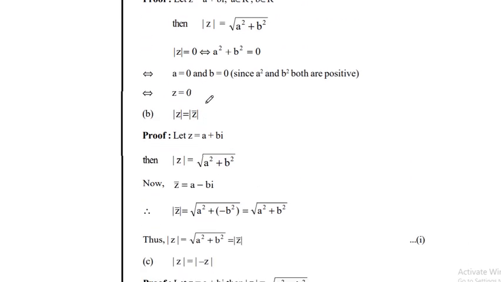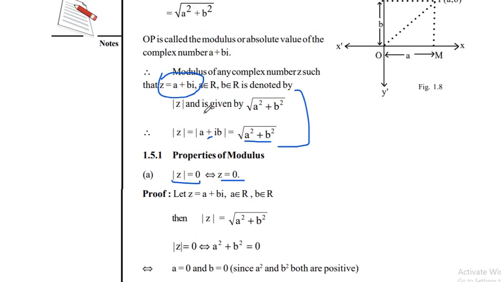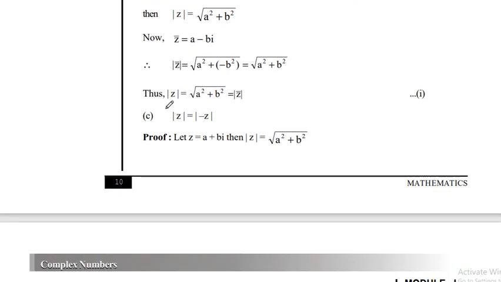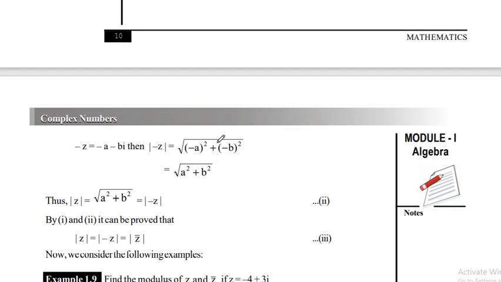Similarly, your complex number and the conjugate of the complex number have the same modulus. As I said, even if you have minus here, the modulus will remain the same. So z and z conjugate have the same modulus. z and minus z also have the same modulus. Why? Because minus does not change anything.